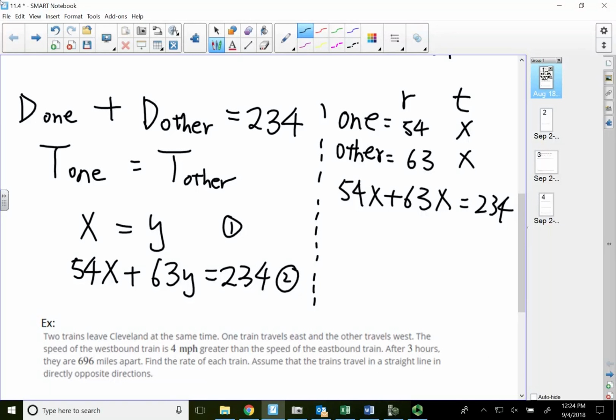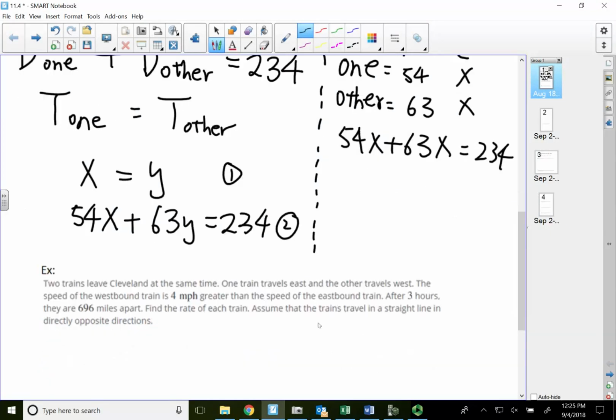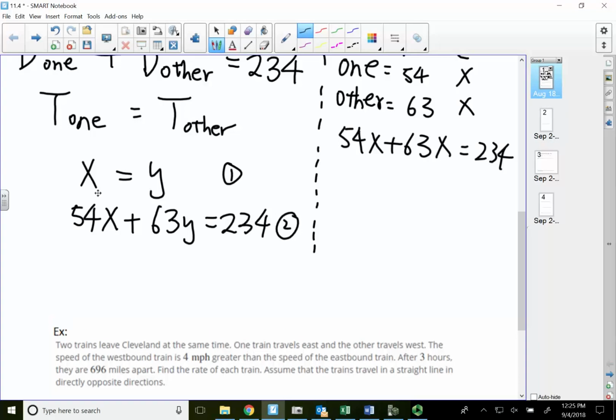Now, what's the difference between the two techniques? They're actually the same. Because if I want to substitute x for y, every x I see, I will substitute for a y. Or, tell you what, let's do it the other way. I'm going to substitute for y. So for every y, I'm going to substitute an x.